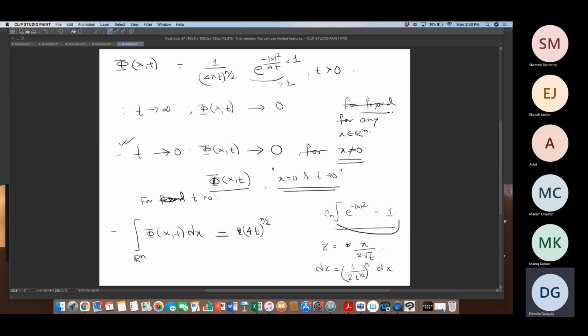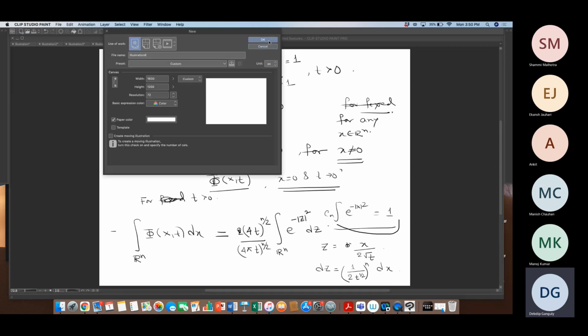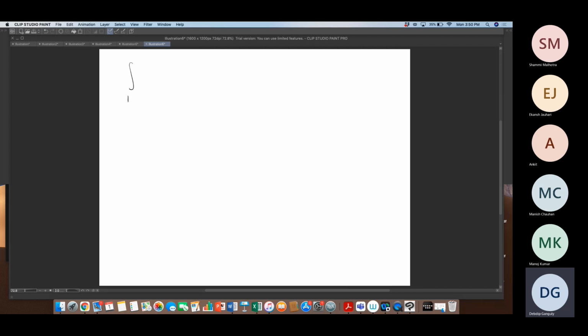So dz will be 2 to the power n, so 4 pi t to the n by 2. Okay, this is Rn, e to the power minus mod z square dz. Now your equation, this is Rn. I will tell you how to do this.